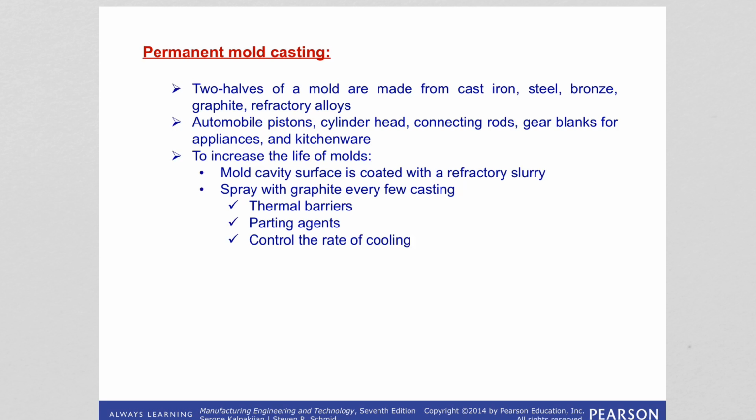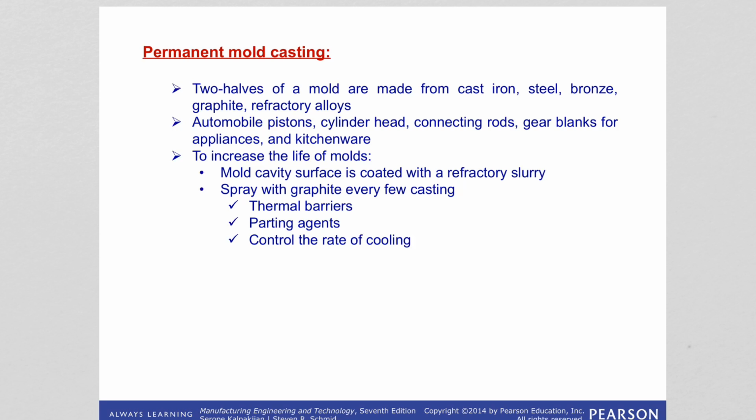As the name implies, we are reusing the mold here, and the molds are made of cast iron, steel, bronze, graphite, refractory alloys, and that's why they can be used again and again, because these materials have high resistance to erosion and thermal fatigue. That's why these are permanent molds.